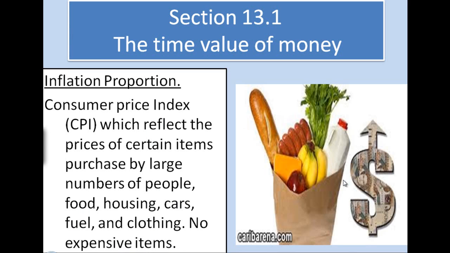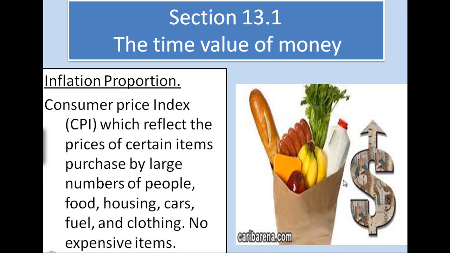Okay, another easy way, not necessarily using the exponential, to evaluate the inflation is using the consumer price index, CPI, which reflects the prices of certain items purchased by a large number of people, like food, a house, a car, clothing, non-expensive of course.